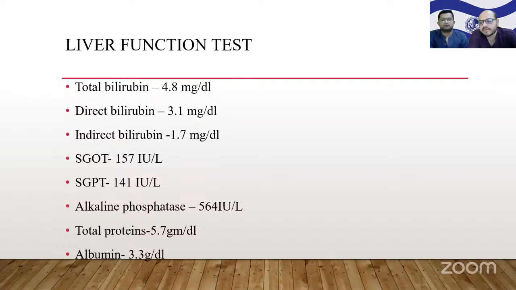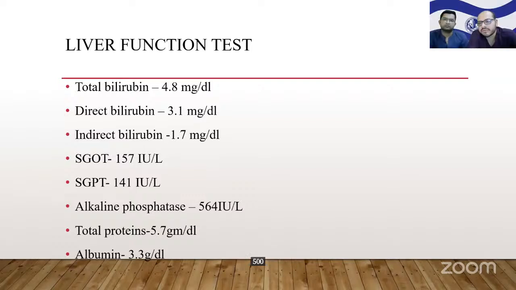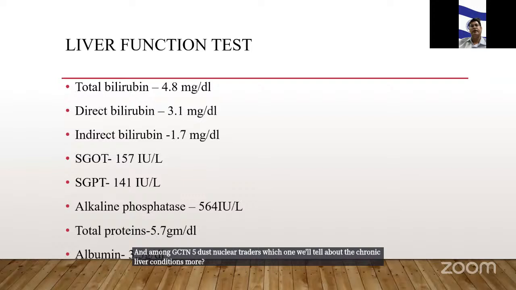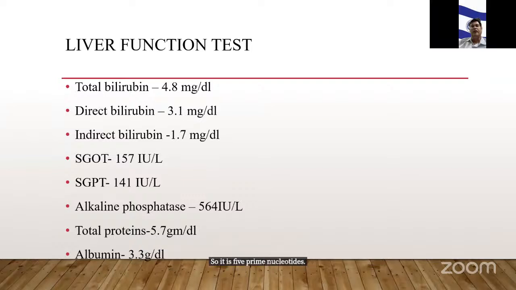The GGT normal level is usually less than 70, and 5' nucleotidase is around 5 to 10. Among GGT and 5' nucleotidase, which one will tell about chronic liver conditions more? Sir, it is 5' nucleotidase. It is elevated in chronic liver failure.